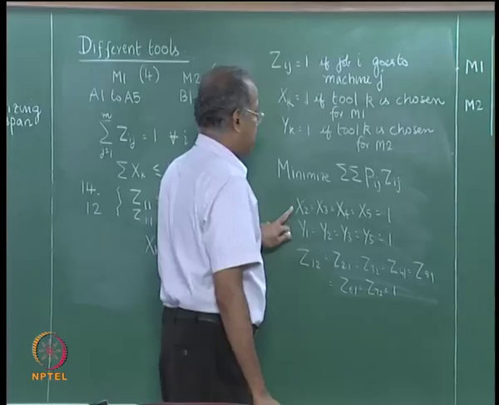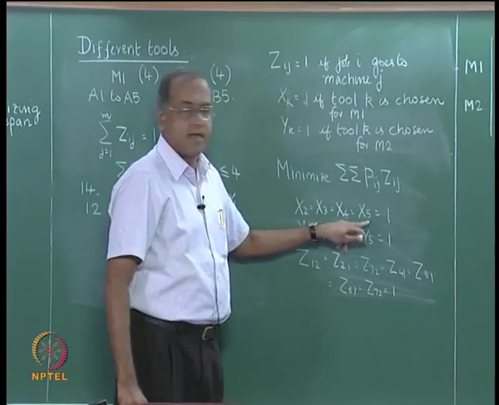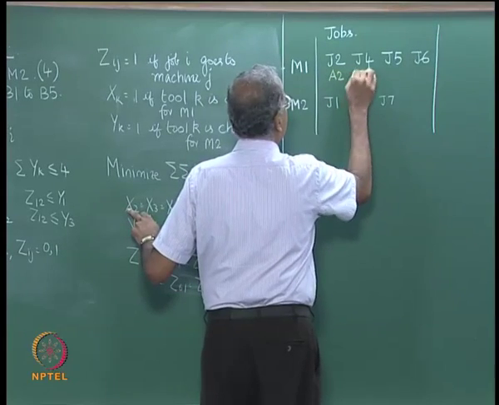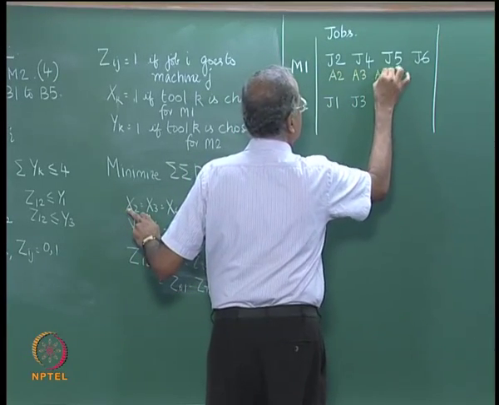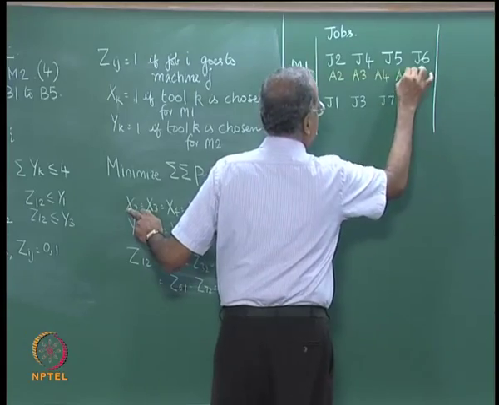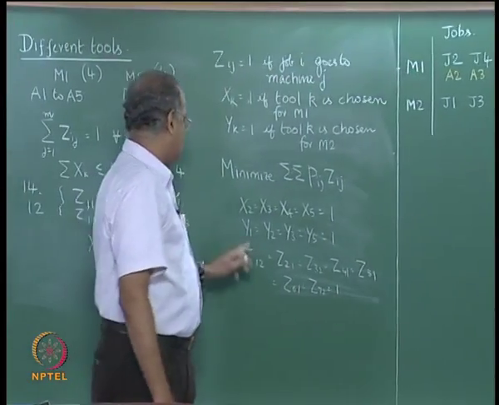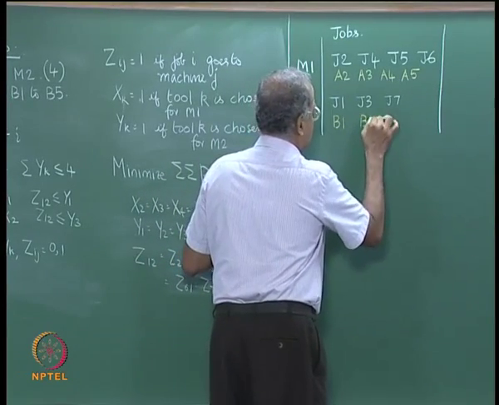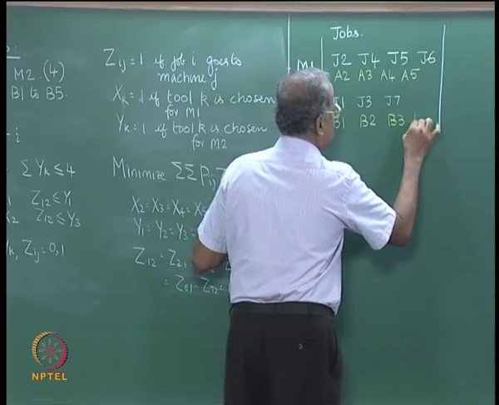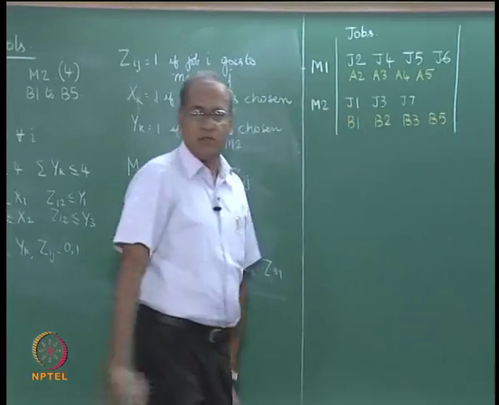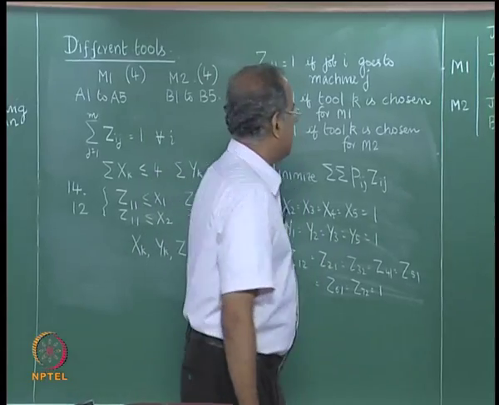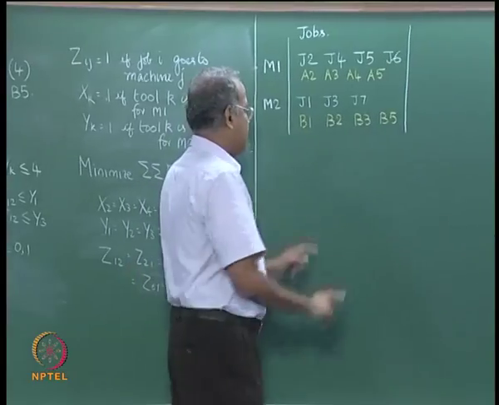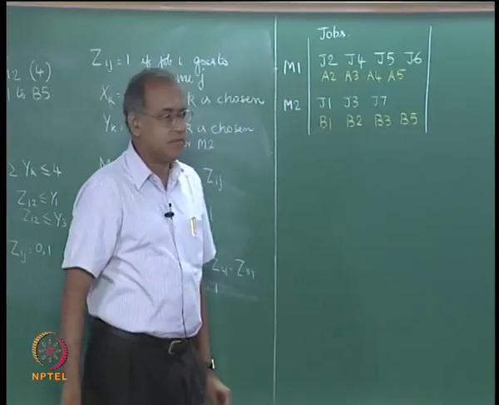Now, from this x2, x3, x4, x5 means tools A2, A3, A4 and A5 go here, y1, y2, y3, y5, B1, B2, B3 and B5. So, if we look at J1 goes to M2, it requires B1 and B3, B1 and B3 are here.